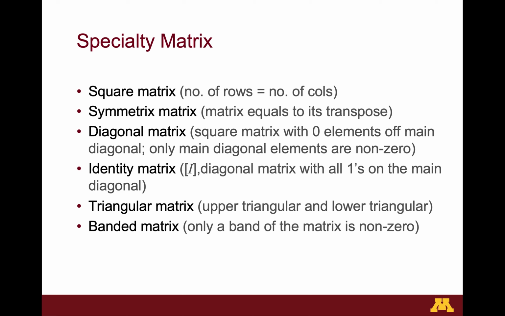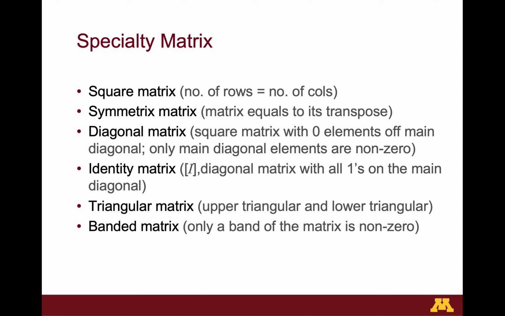And we will start with some special matrices, such as the square matrix, where the number of rows equals the number of columns, and a symmetric matrix, which means the matrix equals its transpose, and a diagonal matrix, which is a square matrix where only the main diagonal elements are non-zero.